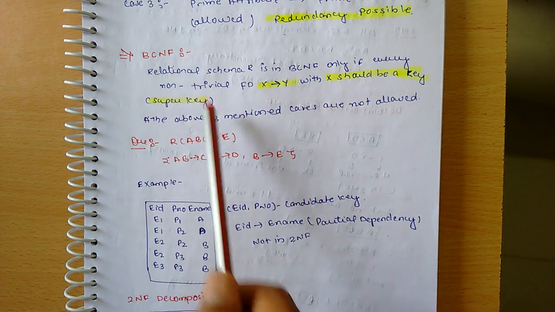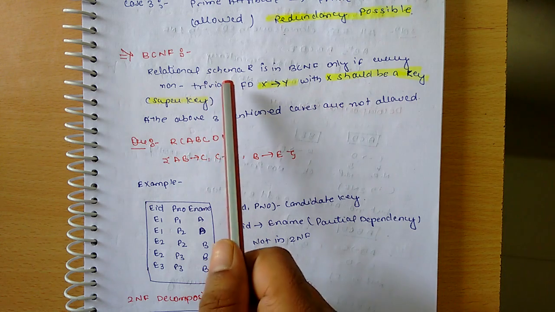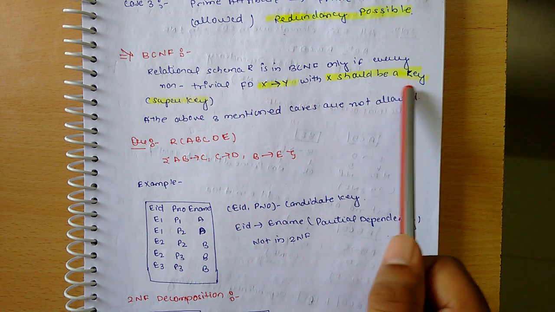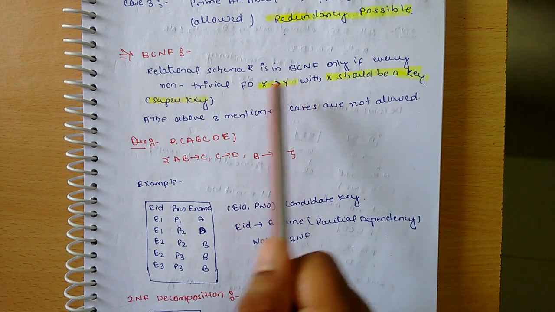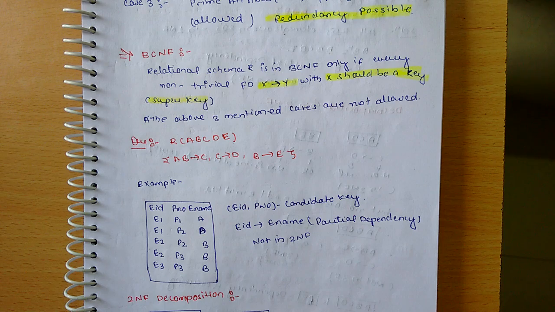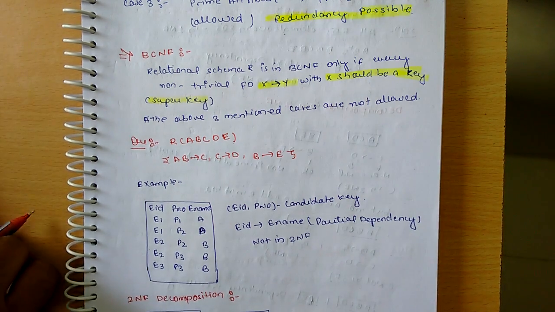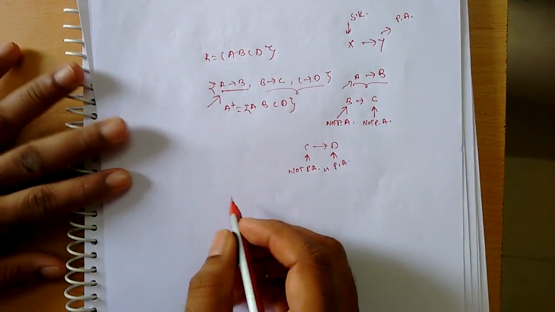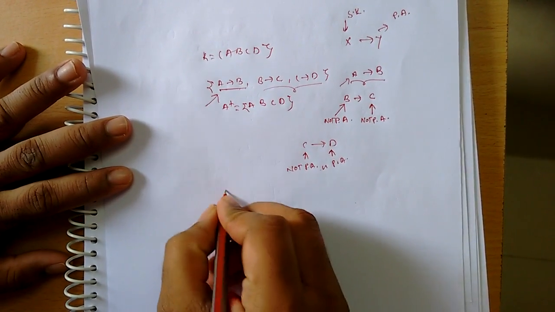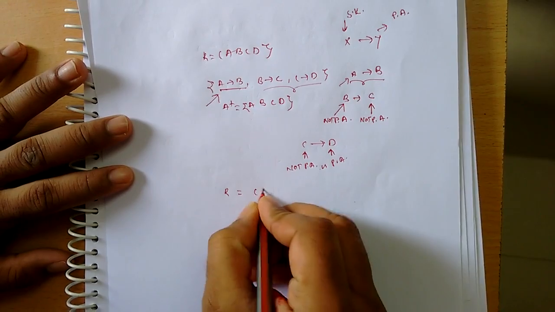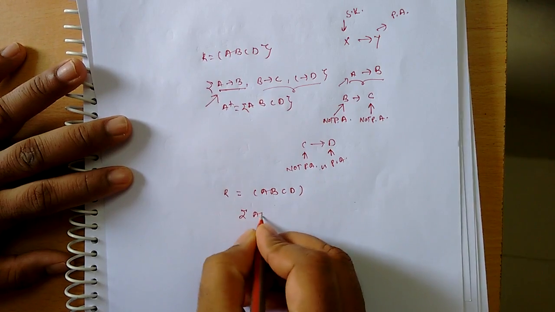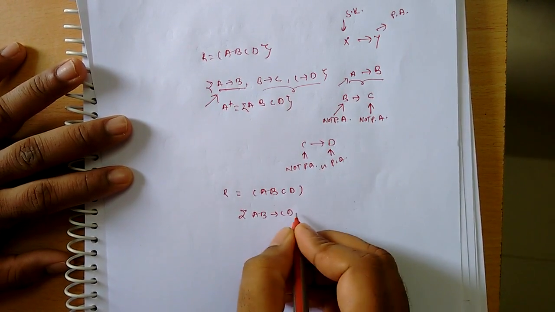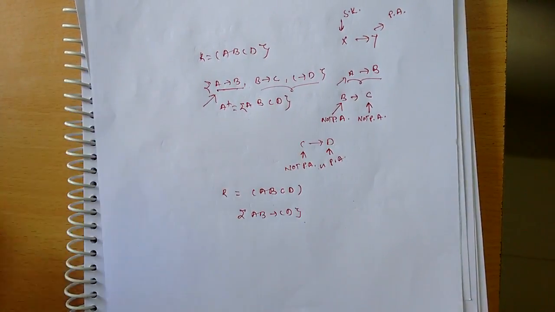The next normal form is BCNF. Relation schema R is in BCNF only if for every non-trivial functional dependency X goes to Y, X should be a super key. Say there is a relation A, B, C, D, and the functional dependency given is AB goes to ABCD.